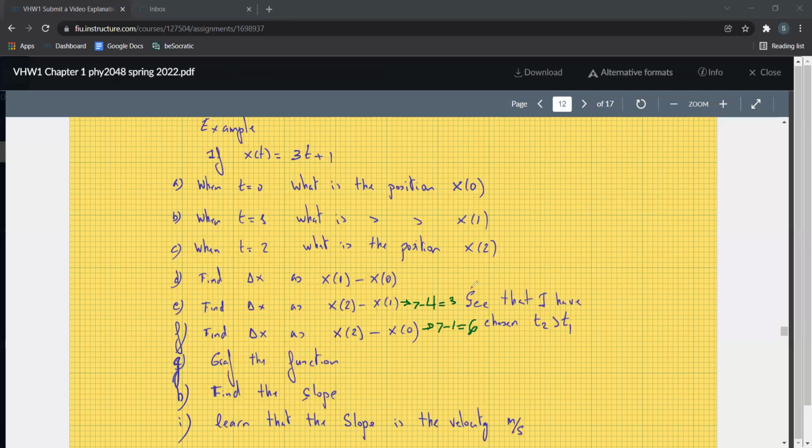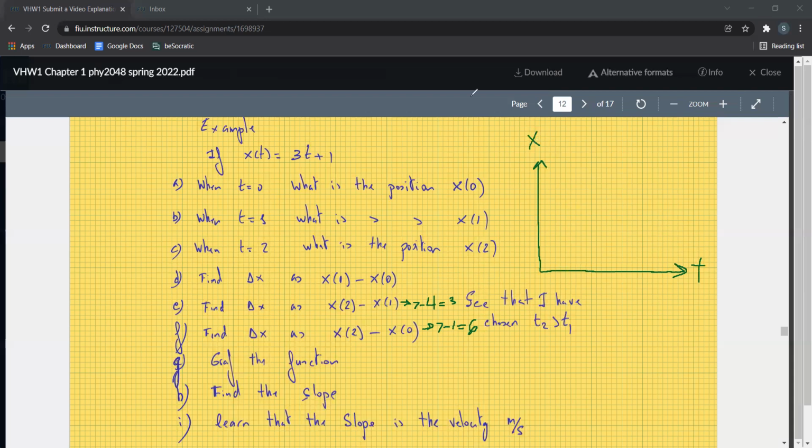Now, if it's asking for us to graph the function, that's not all too bad. So if I'm going to graph it right here. Oh my gosh, that's terrible. Forgive me, my hands are slippery. Okay, so we have our graph here, and we know our positions for time and x.